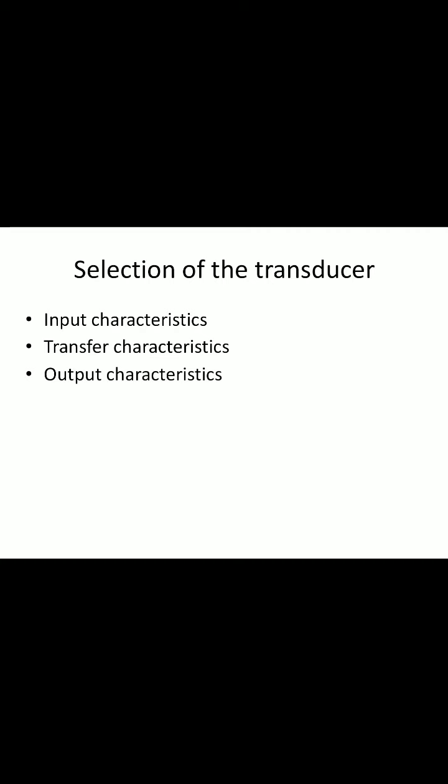So because of that reason, the input as well as output are equally important. And the transfer characteristic refers to the type of influence the system or the transducer make on the signal under consideration. So we will see each of this in detail in the upcoming slides.